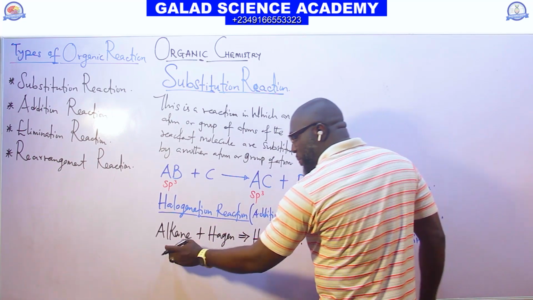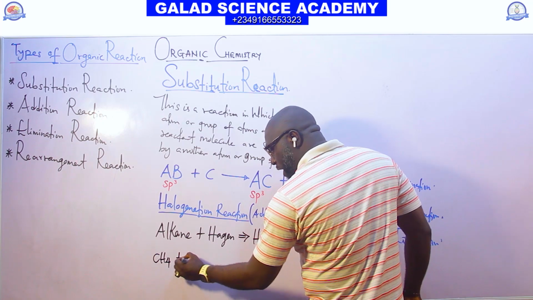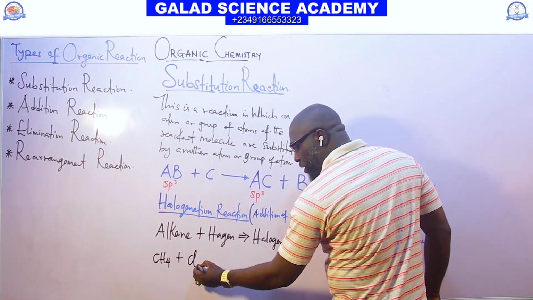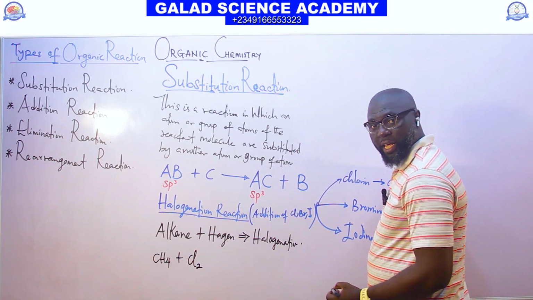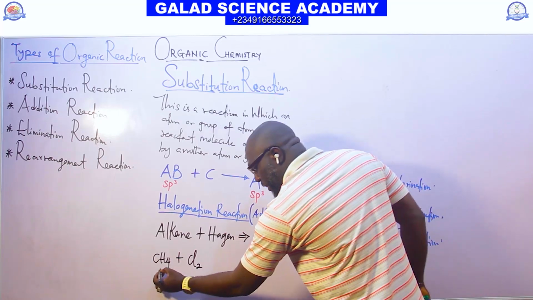The first member of alkane is methane, CH4, reacting with halogen. Halogen is Cl2 molecule. So we have Cl2 reacting with methane.